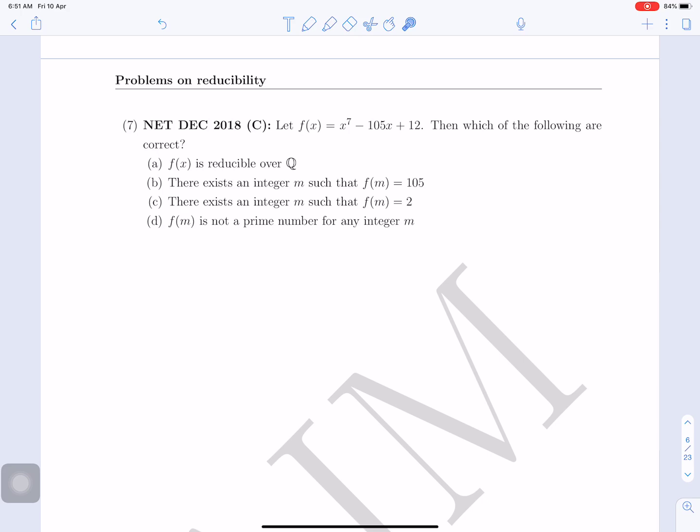Then which of the following are correct? f(x) is reducible over Q. There exists an integer m such that f(m) is 105. There exists an integer m such that f(m) is 2. And f(m) is not a prime number for any integer m.